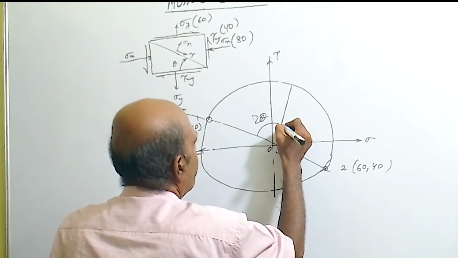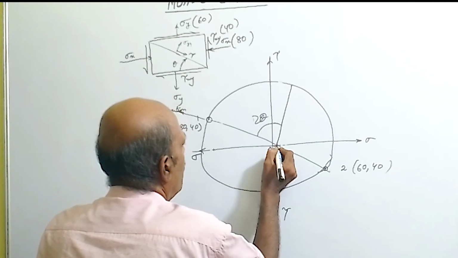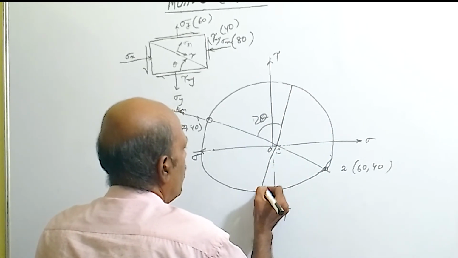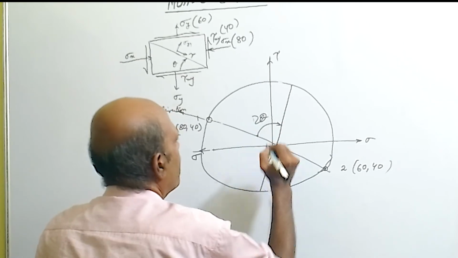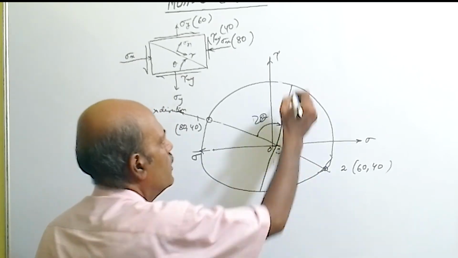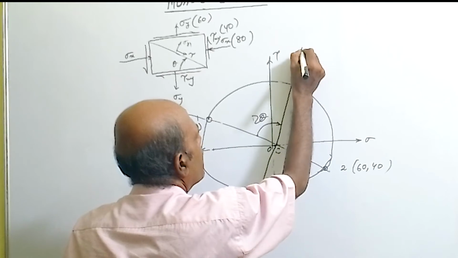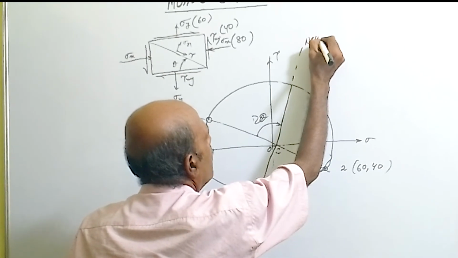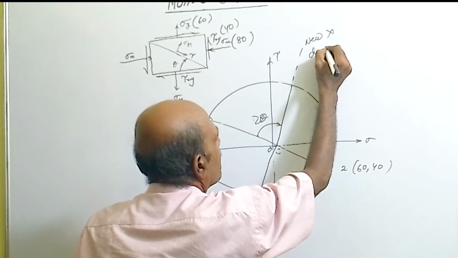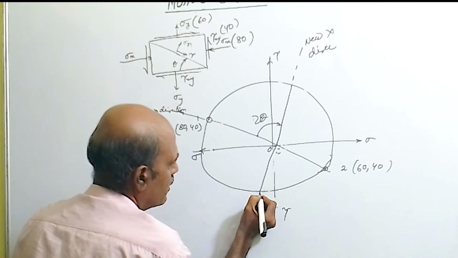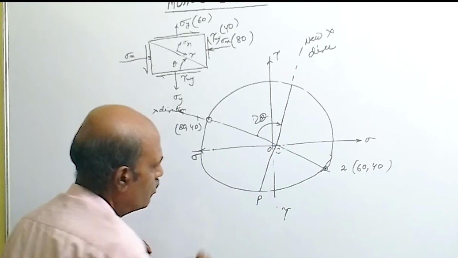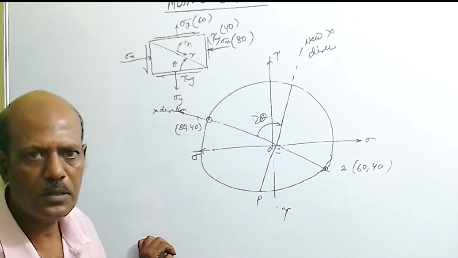So this angle is 2 theta from here to here. So this will be your new x direction. Now extend this line so that it will touch the circle, and this point is the foot of the new x direction.